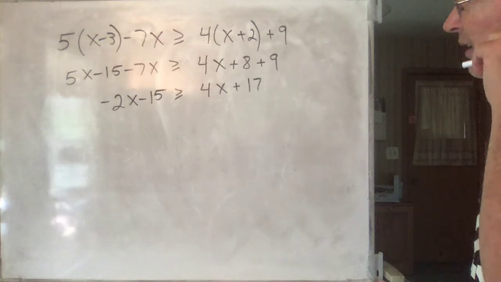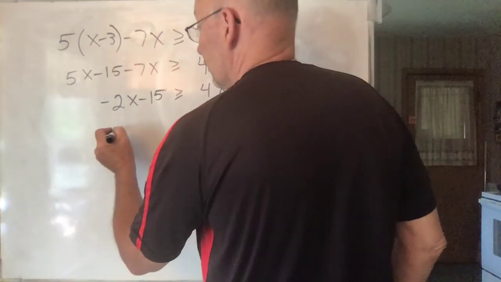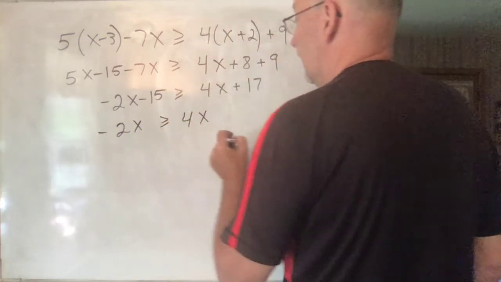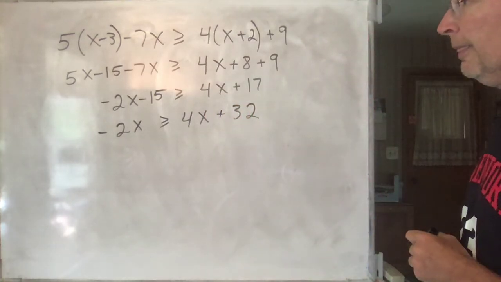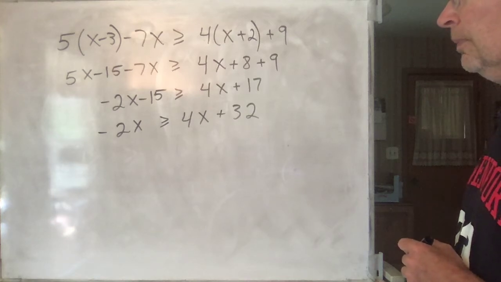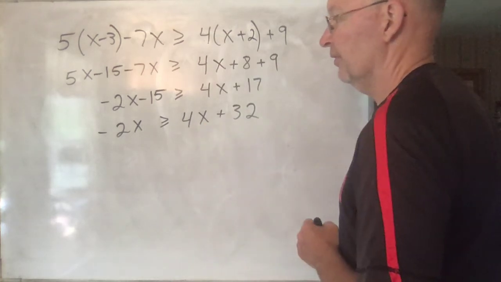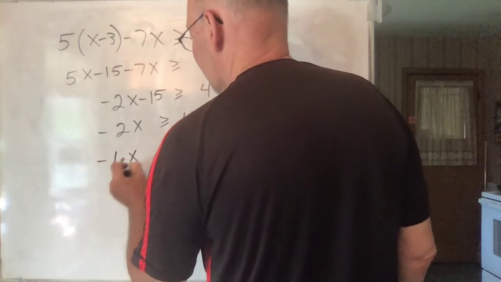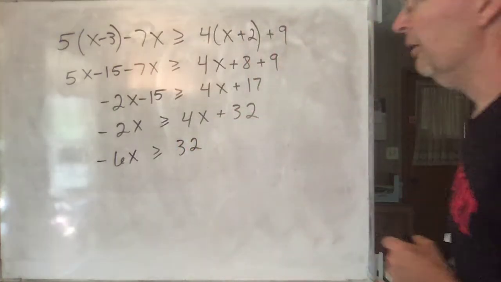And now I can add 15 to both sides. If I add 15, we're going to get negative 2x. If I add 15, I'm going to get plus 32 here. And then, let's see, I'm going to subtract 4x from both sides. If I subtract 4x from both sides, I'm going to get negative 6x, like that.